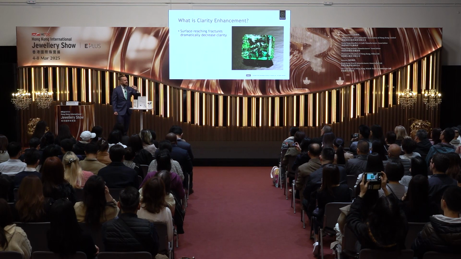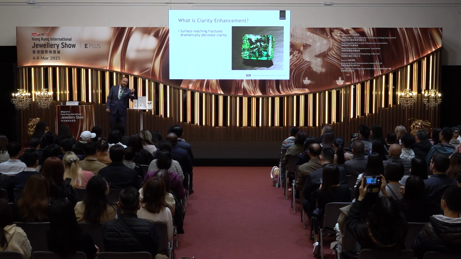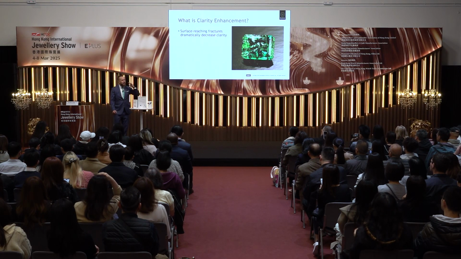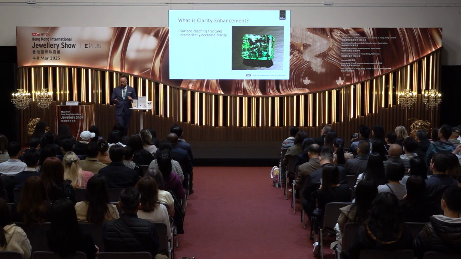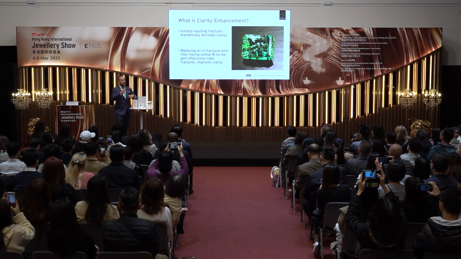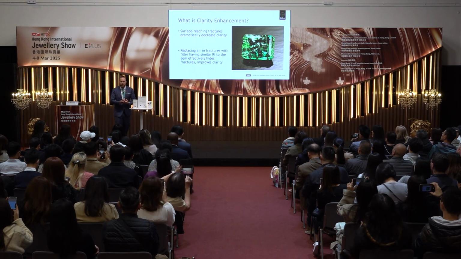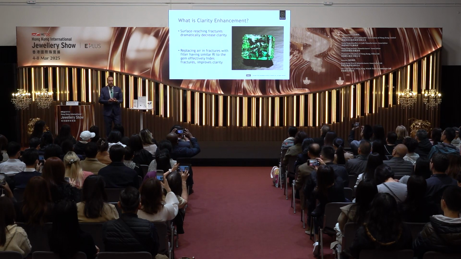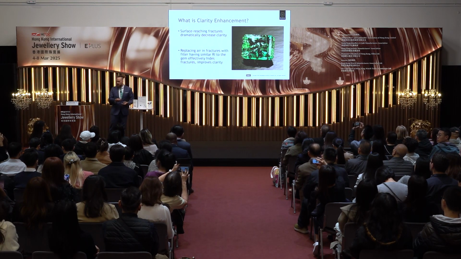And that material has the same, or very close to the same, optical properties as the emerald. And that will almost completely hide the fracture, make it almost completely invisible. So that's what we're doing. We're taking the air out and replacing it with something with optical properties that are almost identical to the emerald. And that way, the fractures will become almost invisible.